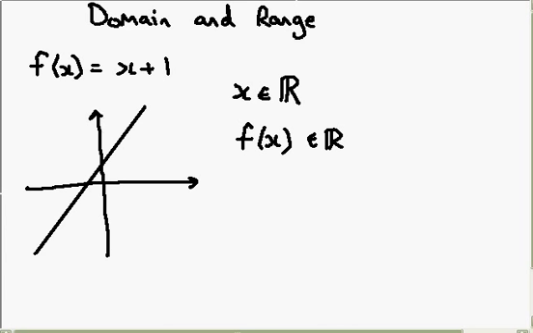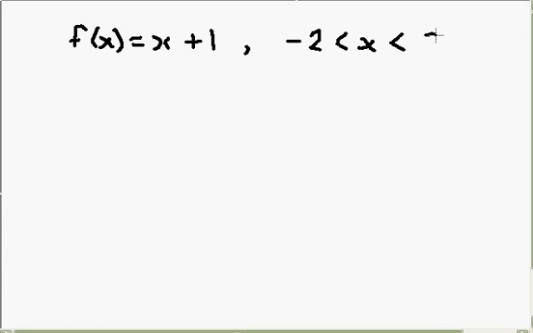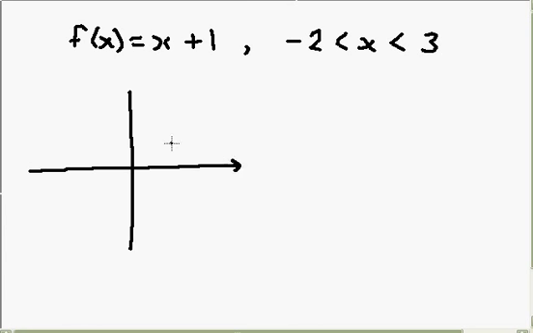So I'm going to look at a very simple example using this. I'm going to have f of x is equal to x plus 1 again, but I'm going to restrict the domain. I'm going to say that the domain is between -2 is less than x is less than 3, say. If I draw the graph, I change colour.